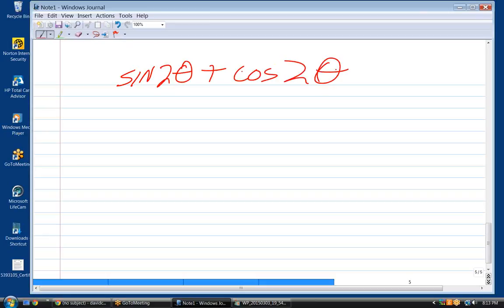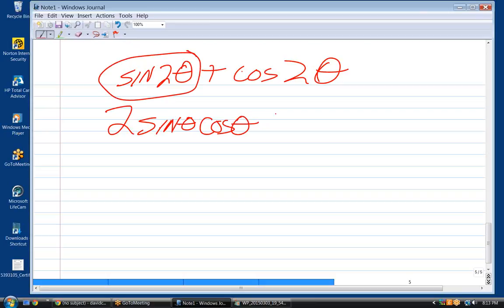Well, that's pretty straightforward. What's sine 2 theta equal to? That'd be just sine theta plus theta. In other words, just using the only identity they give you for sine of 2 theta. That's this part here. Plus cosine of 2 theta, I can use most anything. I can use cosine squared theta minus sine squared theta.